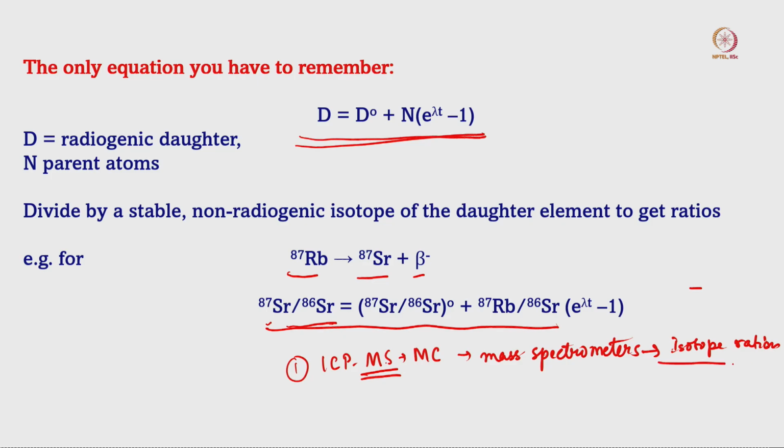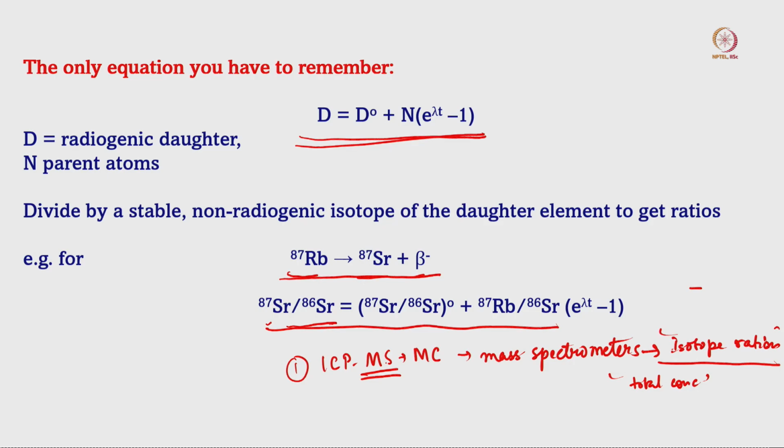So, they measure isotope ratios in a much more efficient way than the total concentration, because remember their abundances are very low. So, rather than finding the total concentration, what they very accurately measure is the isotope ratio.